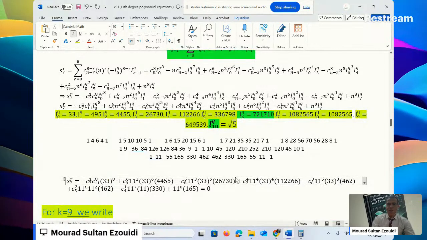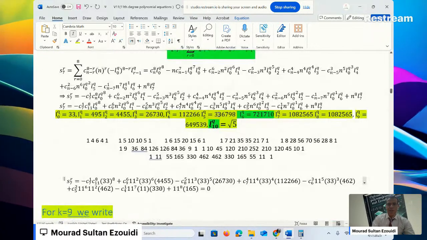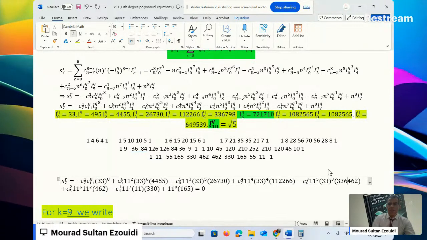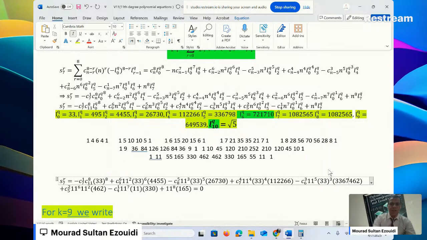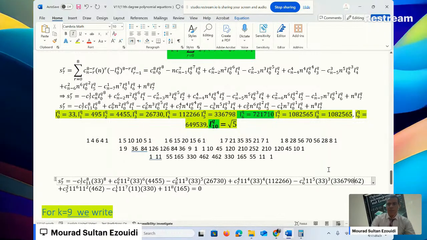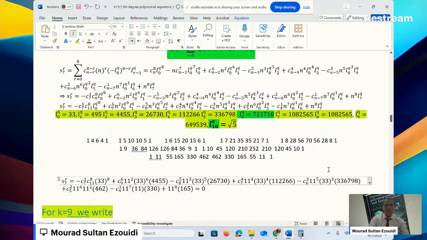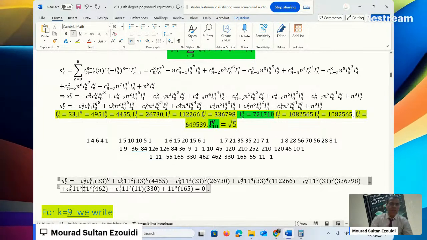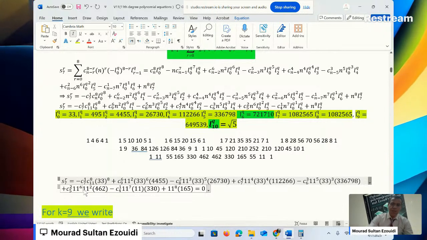We have, after this one comes 336,798. Erase this. Okay. Then plus this 11, the value of 0 is 33 in the example.